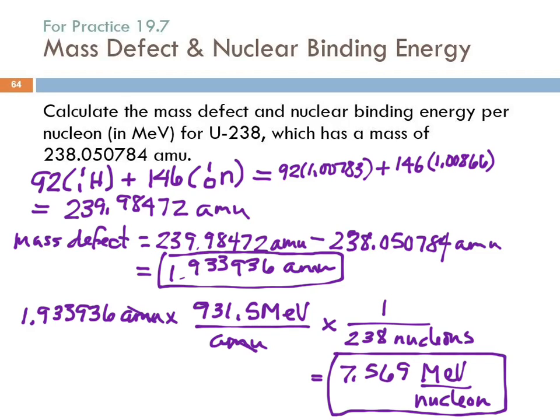But it was done in the book. It was 7.075. So for helium, it was 7.075. For uranium-238, it's 7.569. Which is more stable? The uranium-238. The binding energy is larger. Any questions?